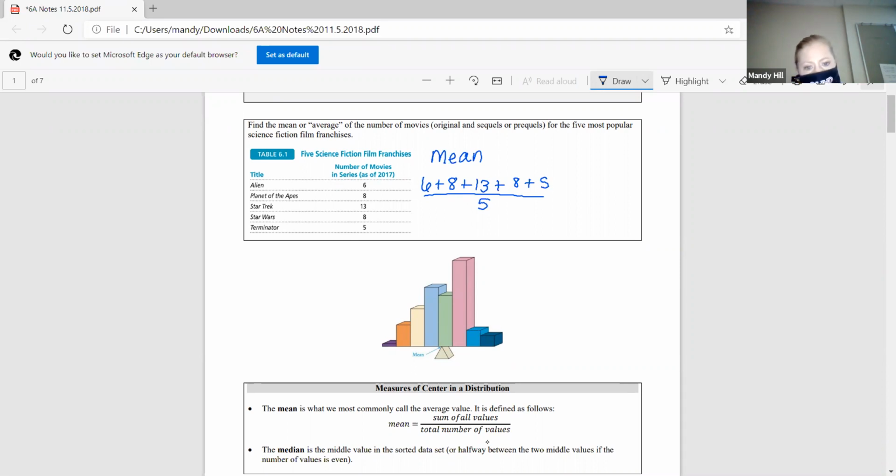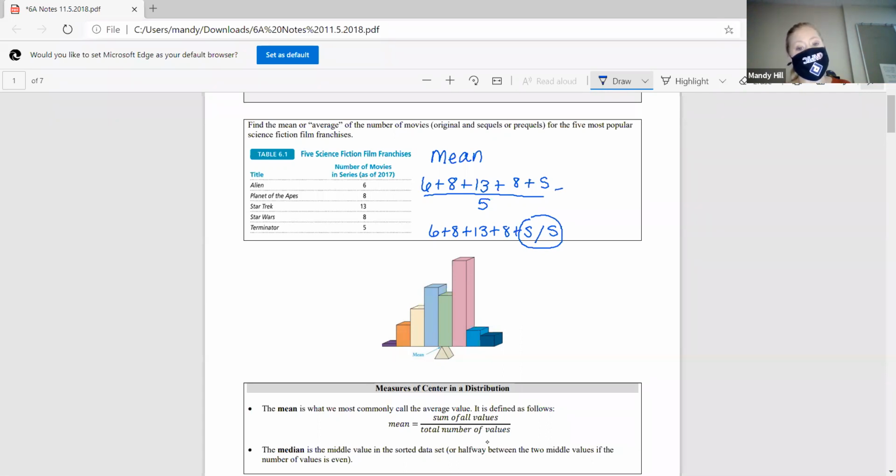One of the most common mistakes people make is they go to their calculator and type 6 plus 8 plus 13 plus 8 plus 5 divided by 5, and they get the wrong answer. Why? Anybody know? What's getting divided by 5? This last 5 is the only thing that's getting divided by 5 if you do it this way.